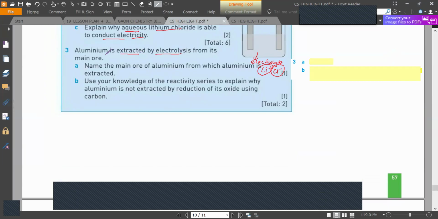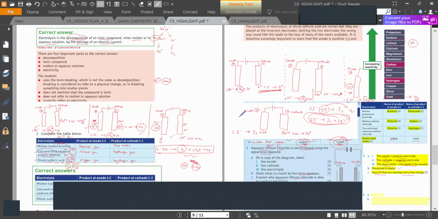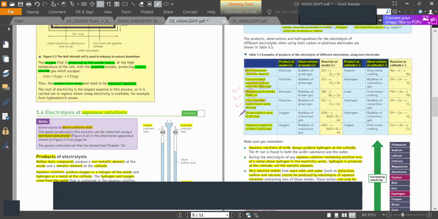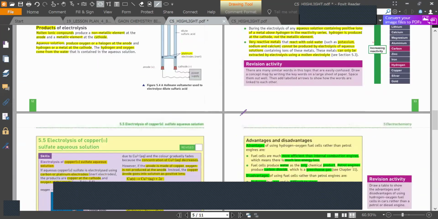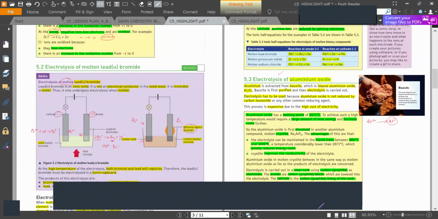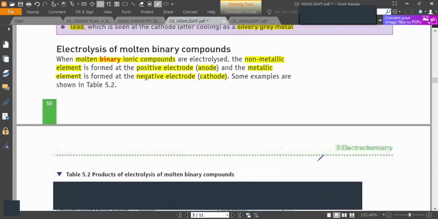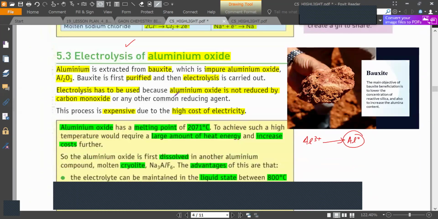Question 3. Aluminium is extracted by electrolysis from its main ore. Name the main ore of aluminium from which aluminium is extracted. We have learned this before. The aluminium ore is bauxite.